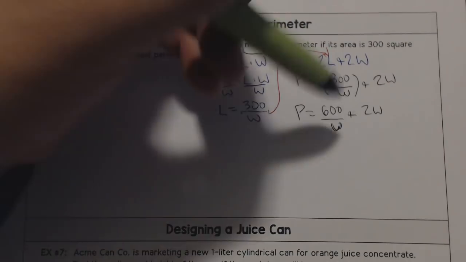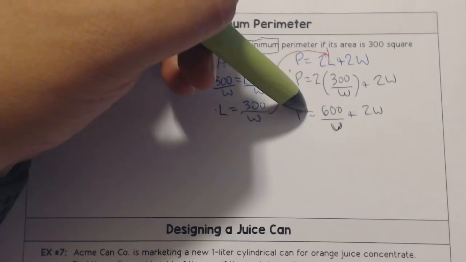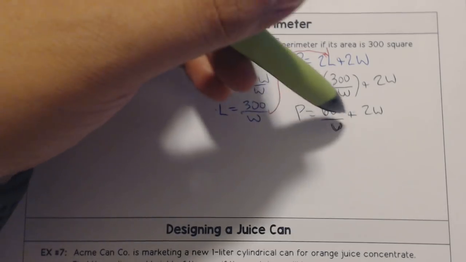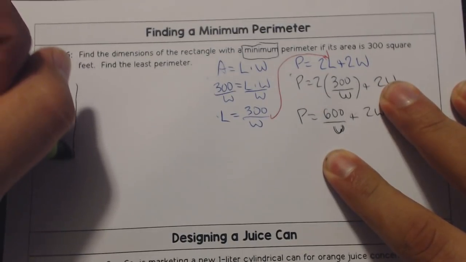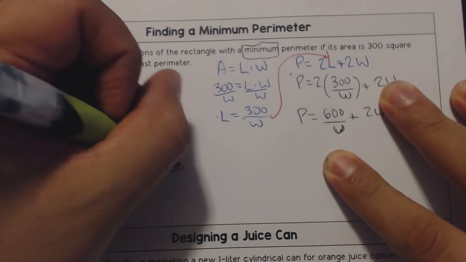So if I put this function, 600 over W plus 2W, in the graphing calculator, I need to get the right window, but essentially my graph looks something like this.